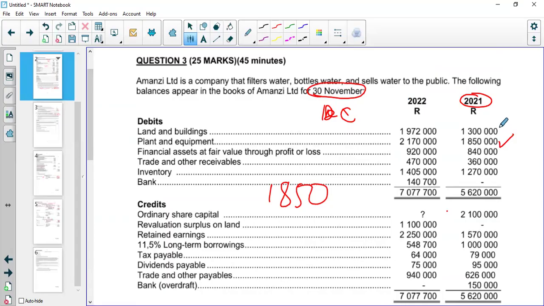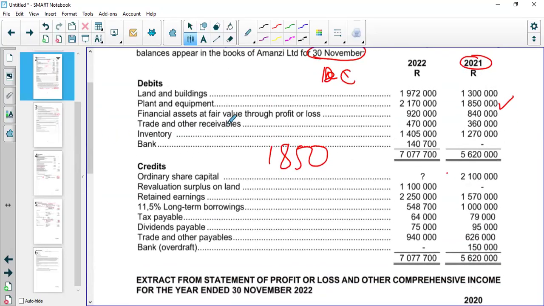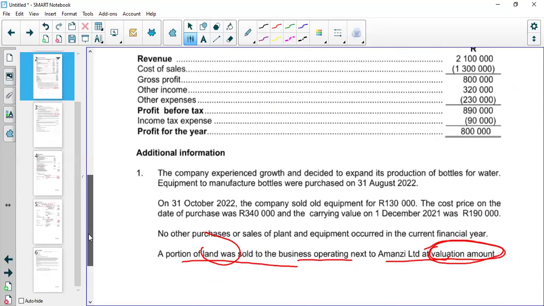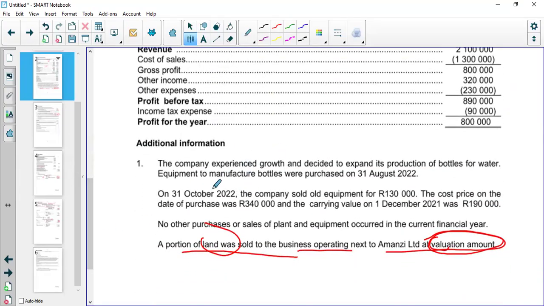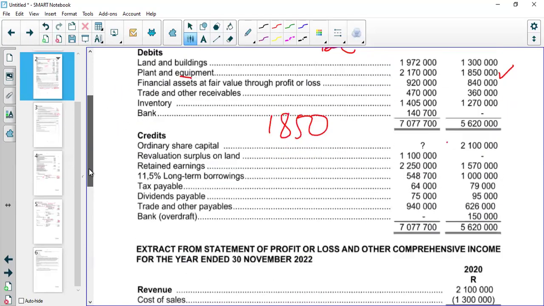So let's look at what happened during the year. So during the year, and if you look here, this would easily be your carrying amount, right? So we'll start with the carrying amount of 1,850 on 1 December 2021.